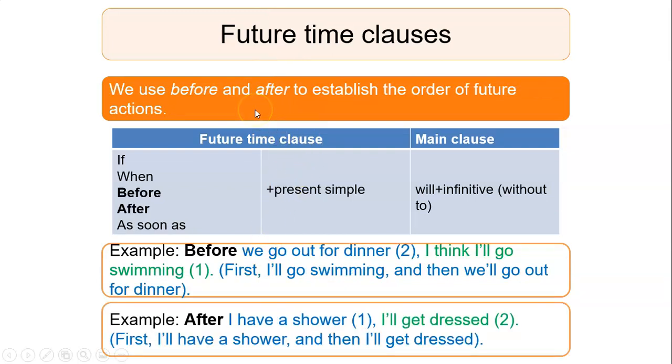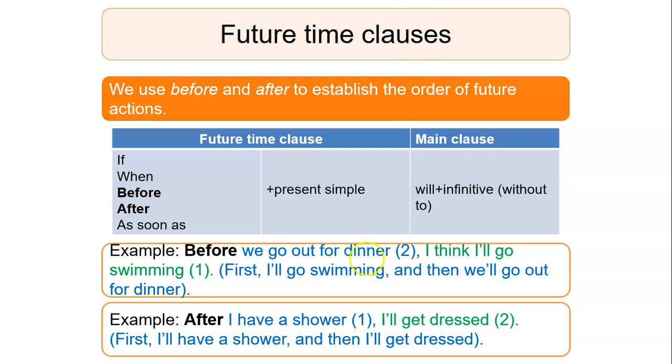Also, we can use before and after to establish the order of future actions. For example, before we go out for dinner, that's the second action in time. I think I'll go swimming. That's the first action in time. So first I'll go swimming and then we'll go out for dinner.